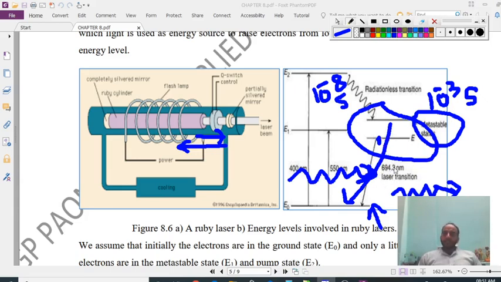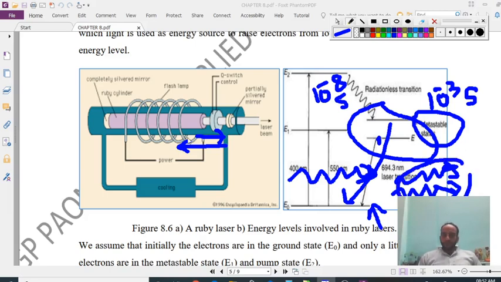So we now get two photons. One is from the backside and the other is from atoms coming from the higher state to the lower state.